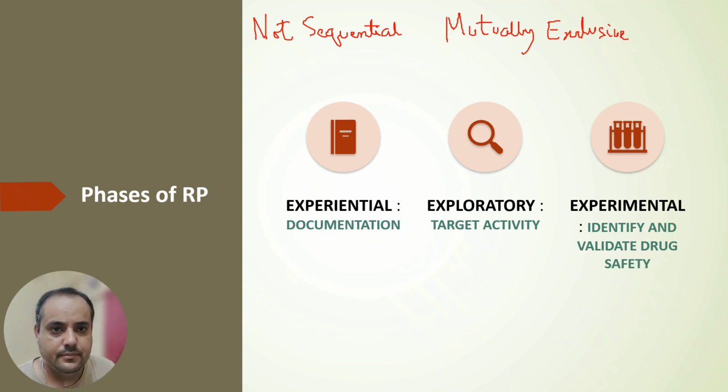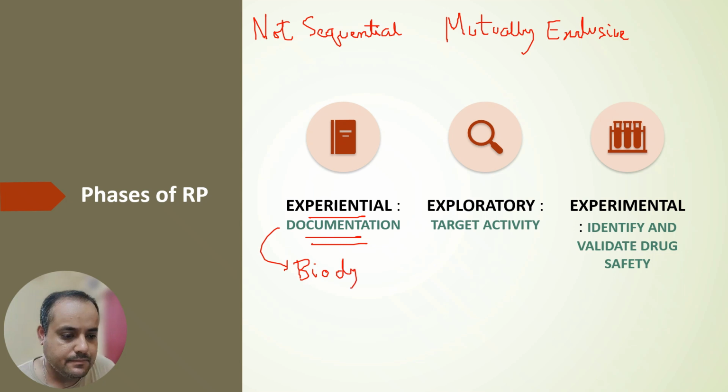Now the first phase is the experiential phase. In the experiential phase, the most important job is documentation. Documentation of what? Documentation of the biodynamic effects. And whose biodynamic effects are we documenting?